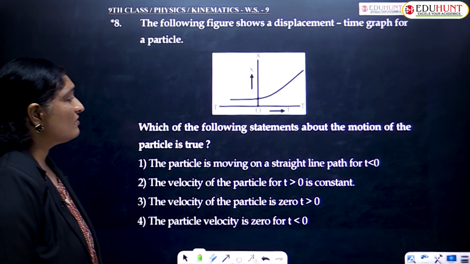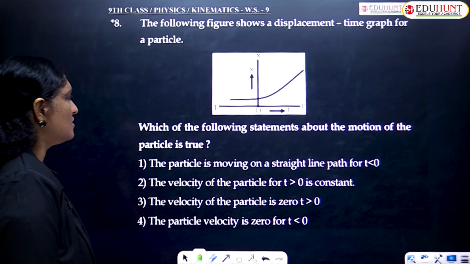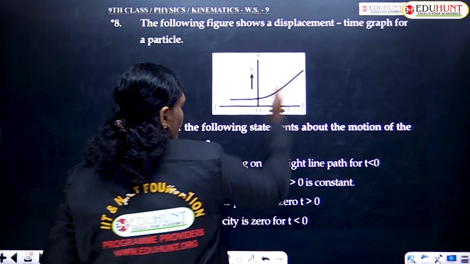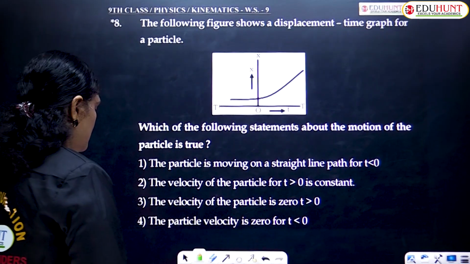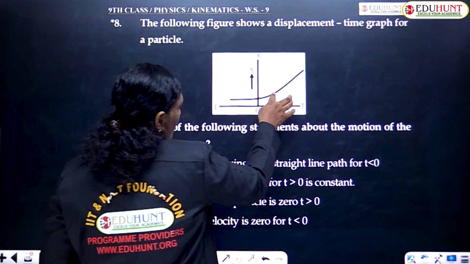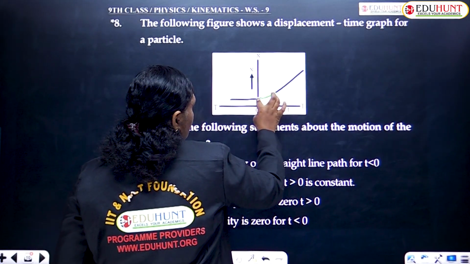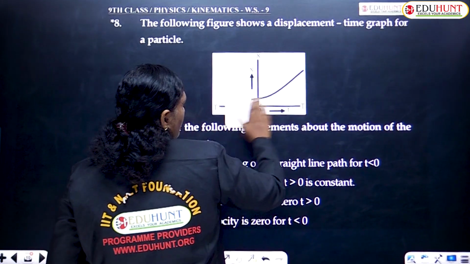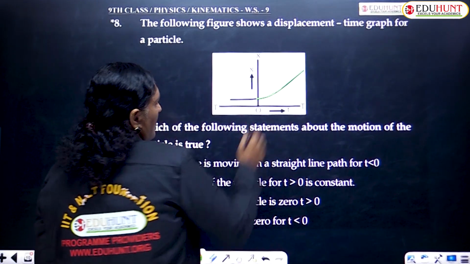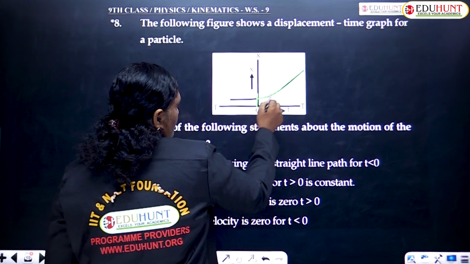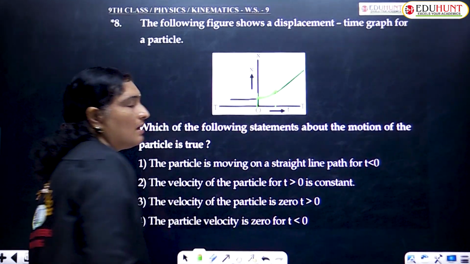Second one, the velocity of the particle for t greater than 0 is constant. Is it constant, children, for t greater than 0? Question number 8. If you observe here, it is a little curved, and then again it moves in a straight line. From here to here, it is taking a curved shape.